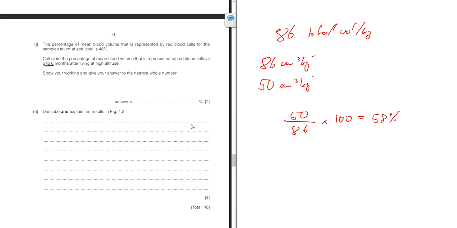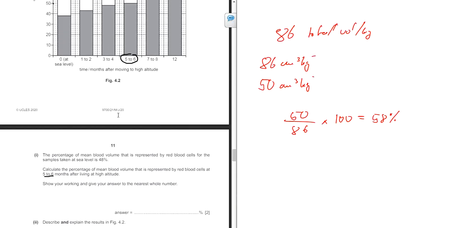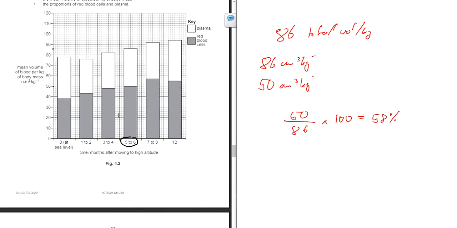Describe and explain the results. Okay, that one's a bit tougher. So let's first describe the results.